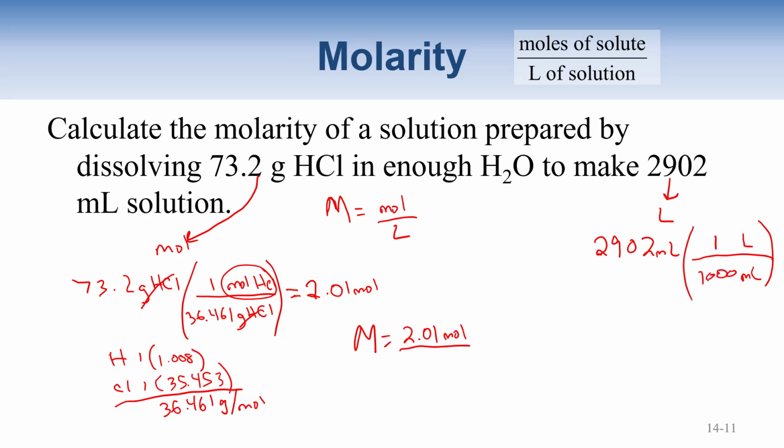We're going to multiply across the top, divide away the bottom, and we end up with 2.902 liters. So we're going to put that over here. And when we do the math, 2.01 divided by 2.902, we get 0.693 rounded. So our molarity is 0.693 molar.